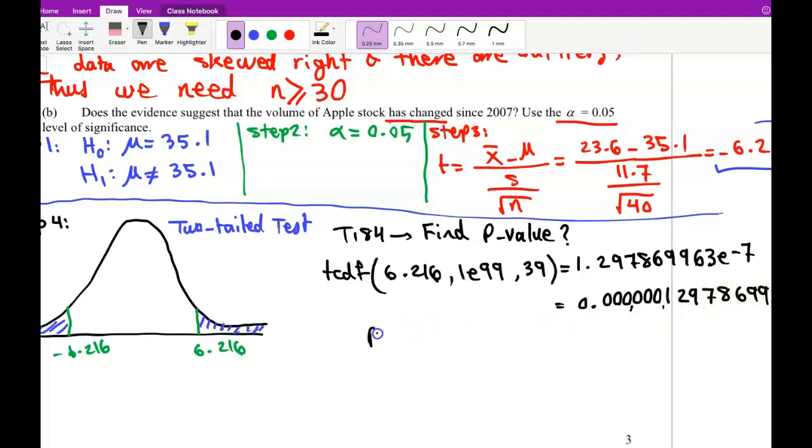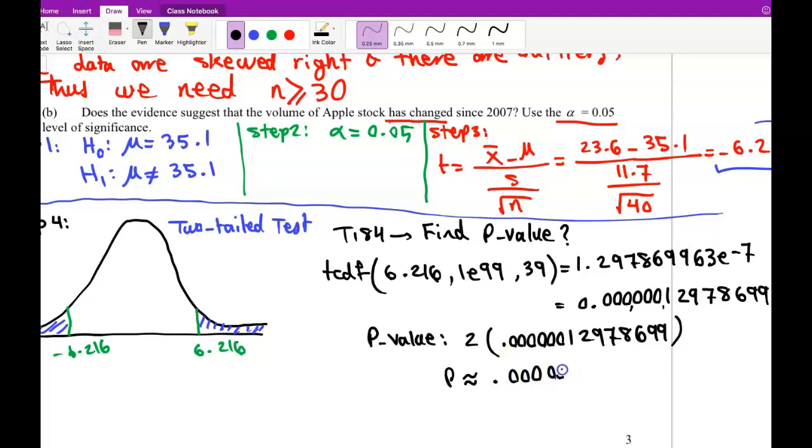Okay, after that, we should multiply. So the p-value is 2 times what I have here. Rounding it, this is the number.